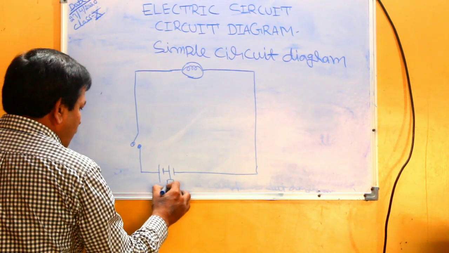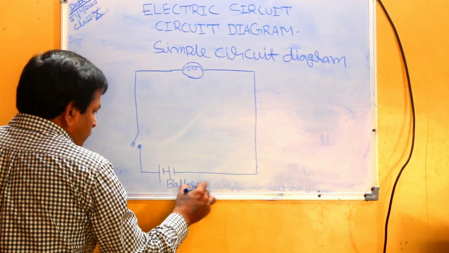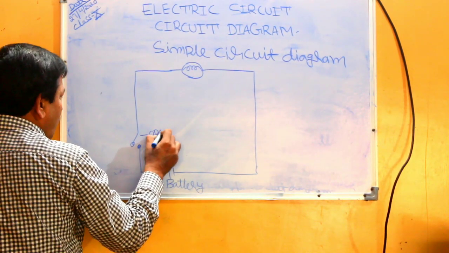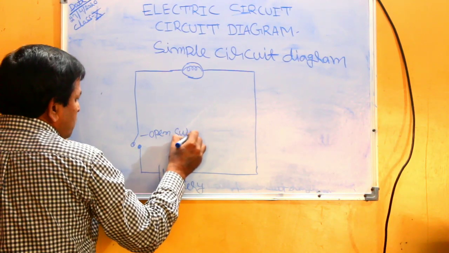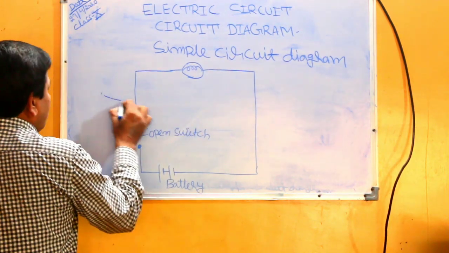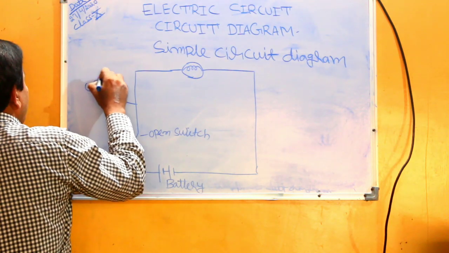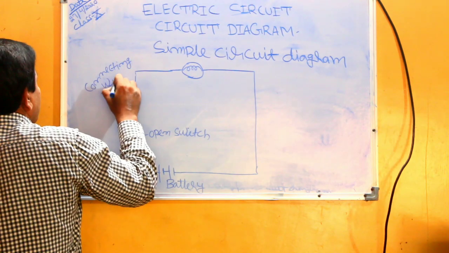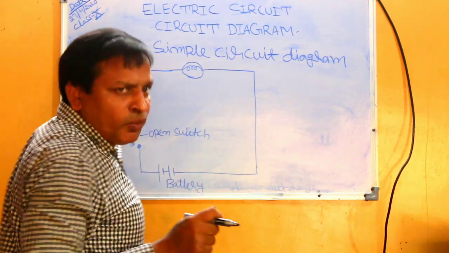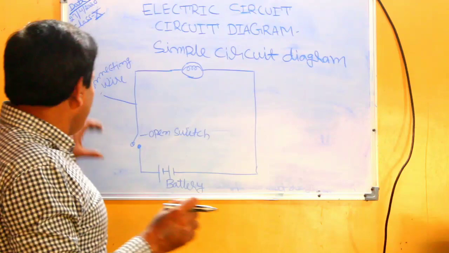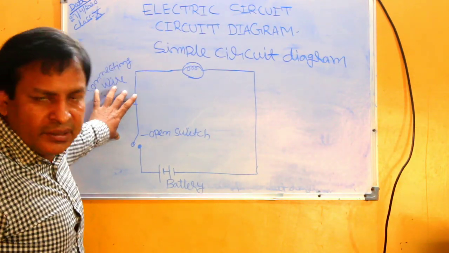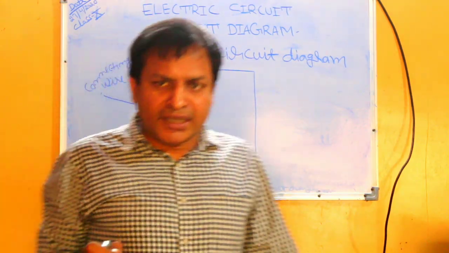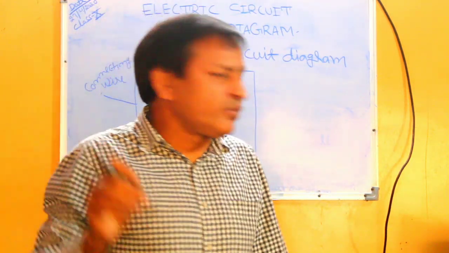Here is battery and this is switch, open switch. This is connecting wire. These are the minimum components in an electric circuit. If any one of them is not present, the electric circuit is not complete. And extra devices are ammeter and voltmeter and other resistors.